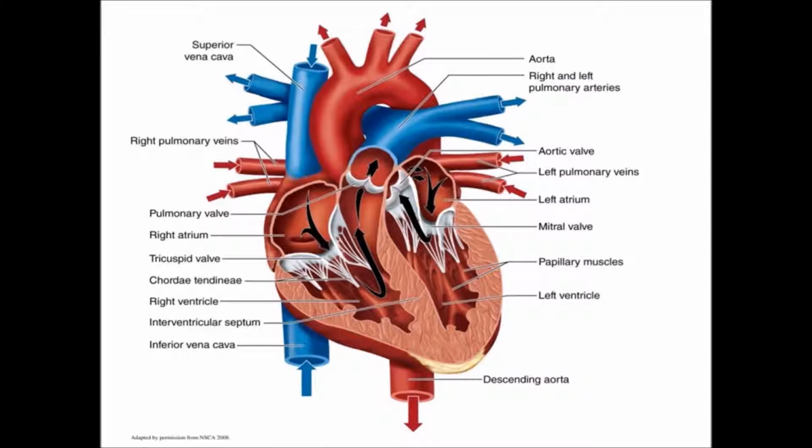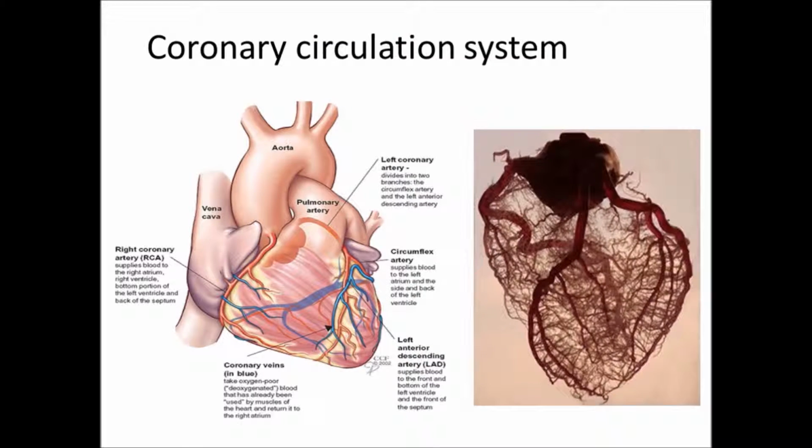From the left atrium, the blood will pass through the mitral valve or the bicuspid valve into the left ventricle. From the left ventricle, blood is ejected out of the heart through the aortic semilunar valve and into the aorta. And the aorta is the major artery of the body. From there, this blood rich in oxygen is taken to the rest of the body.